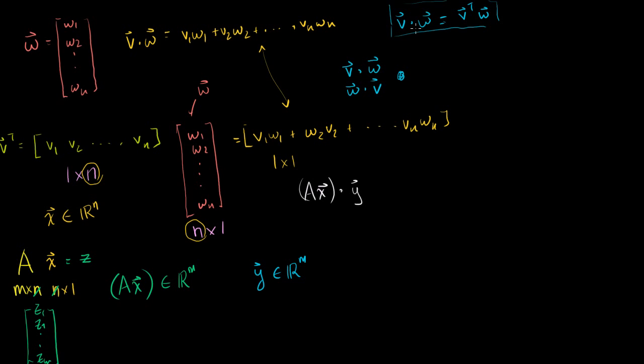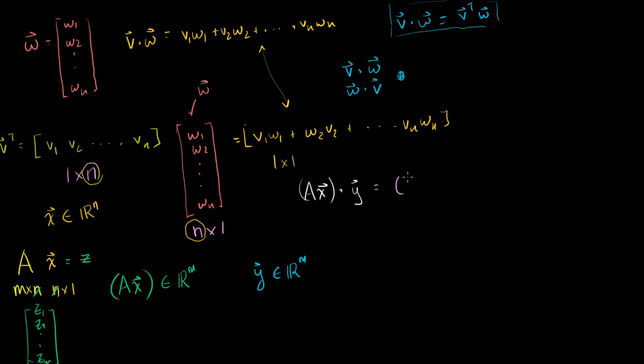What is this equal to? We can use the result that we got earlier on in this video. The dot product of two vectors is equal to the transpose of the first vector, as a kind of matrix, times the second.